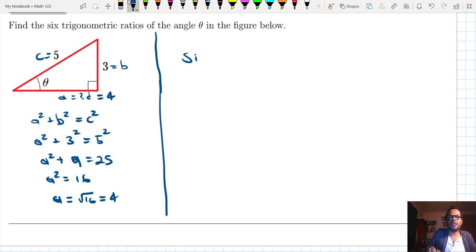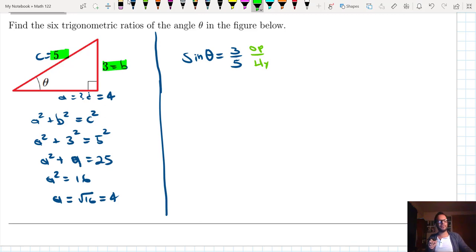Let's begin with sine. Sine theta, sine of the angle, will be 3/5 because this is the opposite and this is the hypotenuse, right? The definition of sine is opposite over hypotenuse, that is 3 divided by 5.